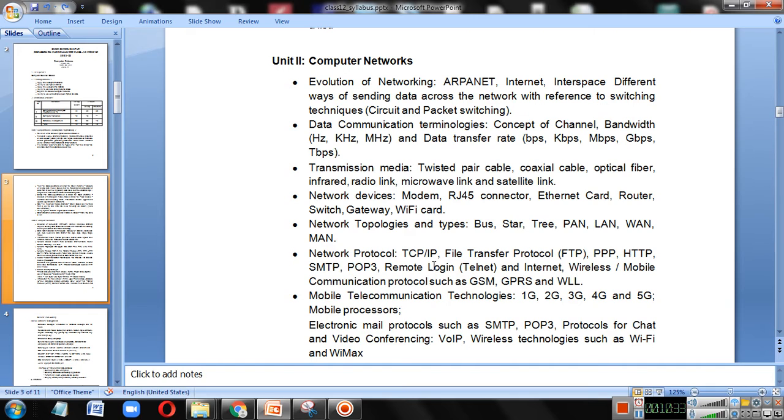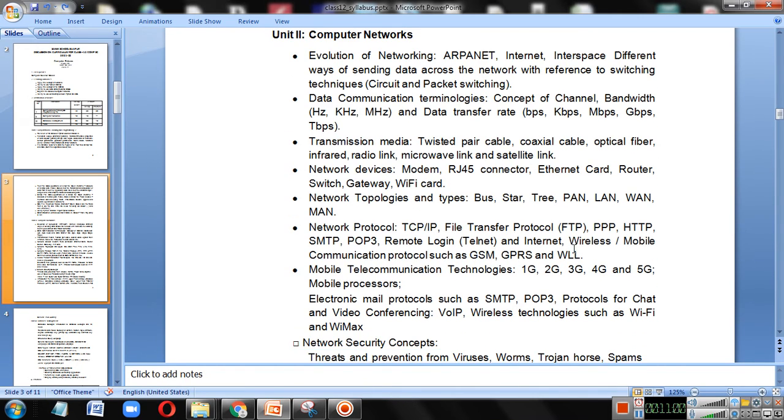And along with that we have FTP, PPP, HTTP, SMTP, POP3, remote login, internet wireless and mobile communication protocols, GSM, GPRS, wireless in local loop, WLL, etc. All these will be discussed in the separate unit called computer network. Basically this is a totally theoretical chapter where you need not have any practical, but you need to understand the concept well and remember.